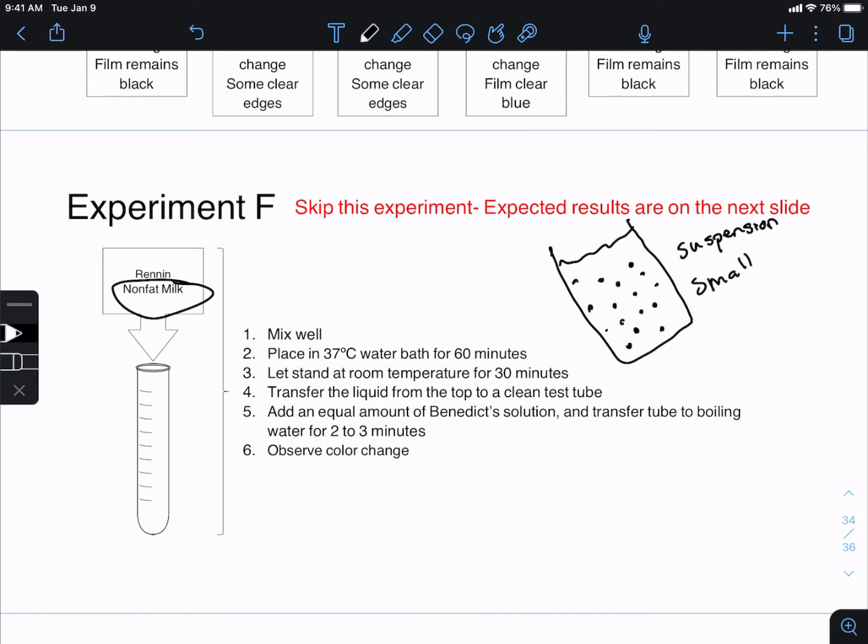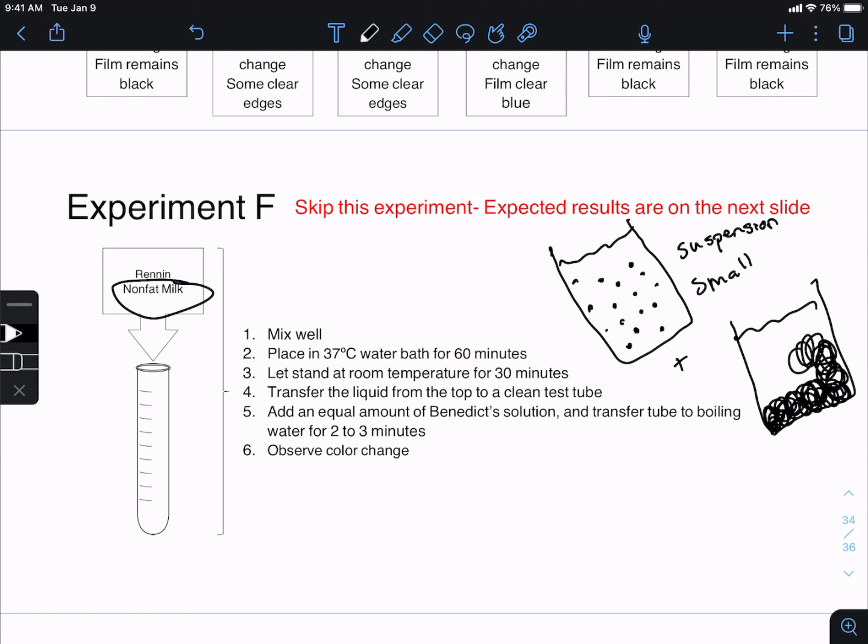But when you add renin to that, it breaks down those proteins and causes them to essentially become insoluble, and they will fall out of suspension and make a solid mass at the bottom.